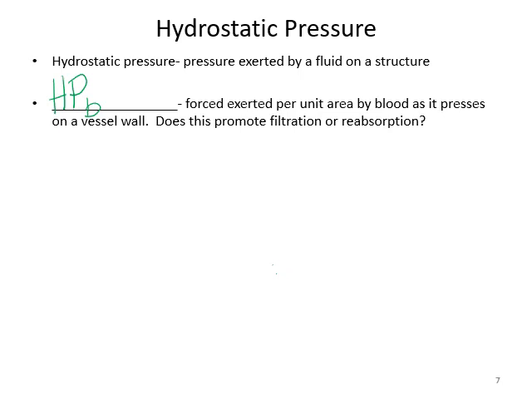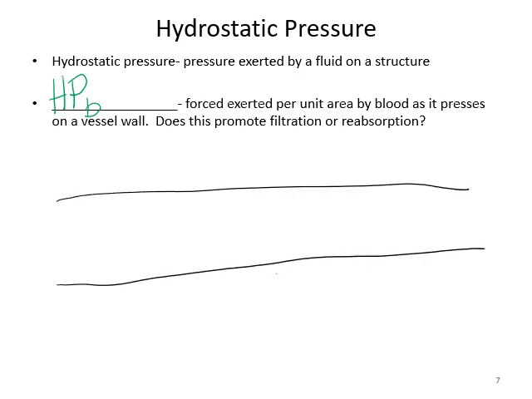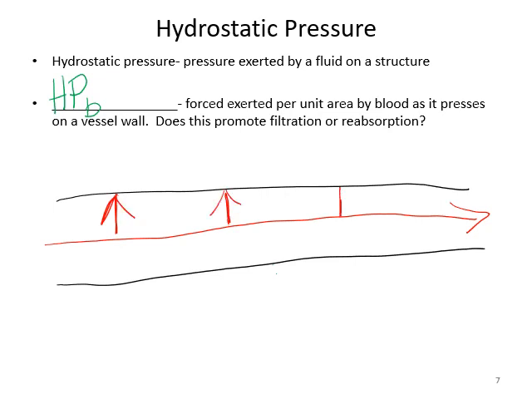So let's think about this. Here's a vessel wall. Here's a capillary. Blood's going this way. That blood is a liquid and it exerts force on these vessels. So it is pushing like this on the wall of the vessels from the inside. So this is our hydrostatic pressure of the blood.